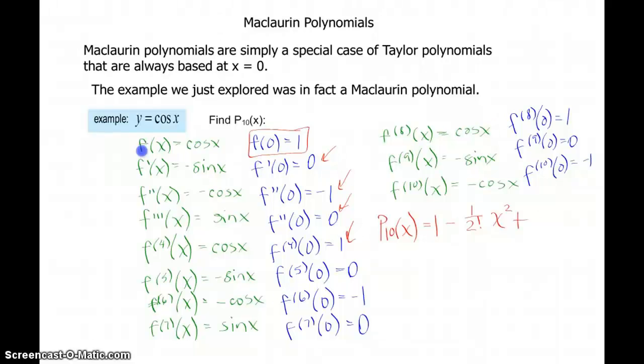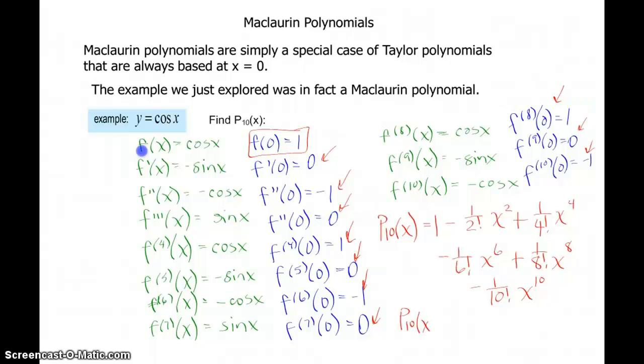Fourth term plus 1 over 4 factorial times x minus a, where a is 0, x to the 4th. No fifth term. Sixth term, minus 1 over 6 factorial times x to the 6th. No seventh term. Eighth term, plus 1 over 8 factorial, x to the 8th. No ninth term. 10th term, minus 1 over 10 factorial, x to the 10th.